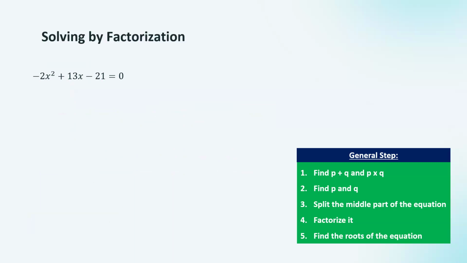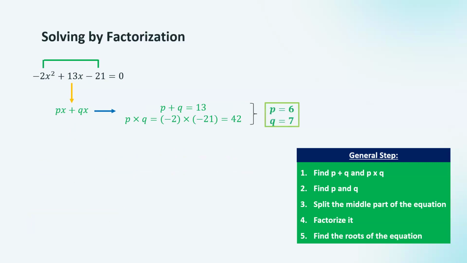So in this case, again, we have to find px plus qx. So p plus q is equal to 13, and then p times q is going to be -2 times -21, which is 42. So this one is a bit difficult because the number is a bit big, but it's also no problem, okay? So p should be 6 and q should be 7.